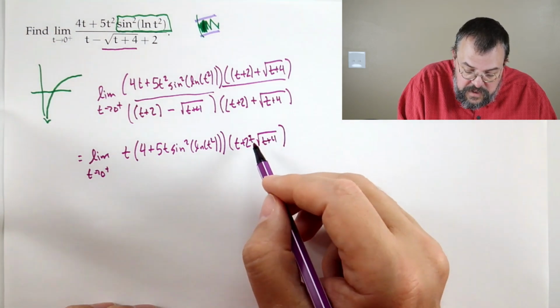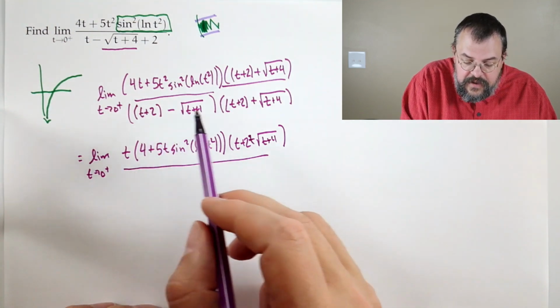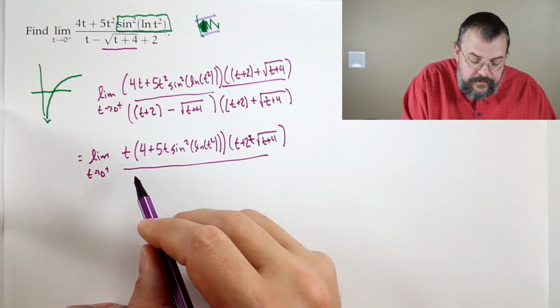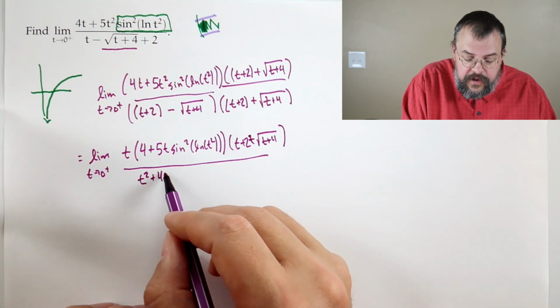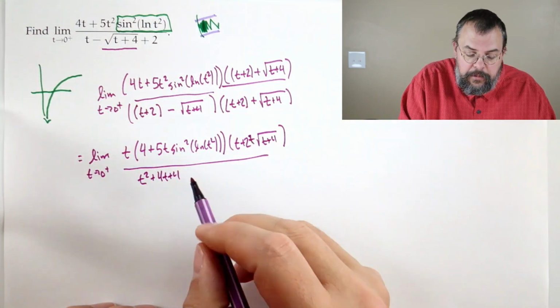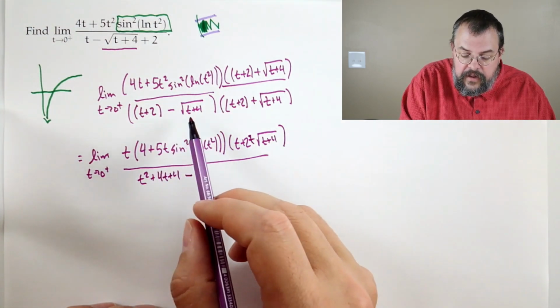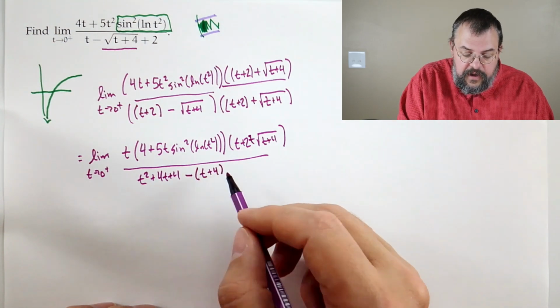Downstairs, t plus 2 squared. Now, we can actually square that out. That's t squared plus 4t plus 4, minus the t plus 4.